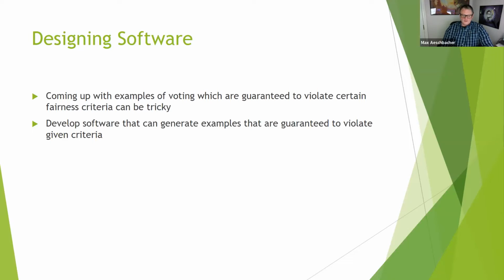Or you want an example of an instant runoff preference schedule that will violate the independence of irrelevant alternatives, or monotonicity. We want to generate this software where you can maybe have some drop-down menus and then just say generate example, and it'll give you a brand new randomly generated preference schedule that will sort of conform to the parameters that you chose.